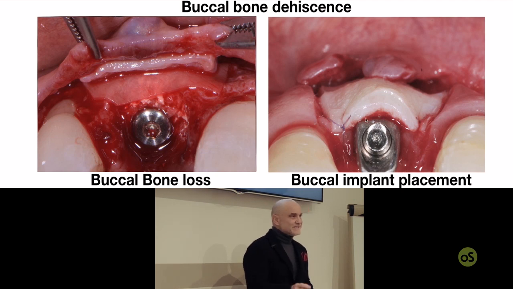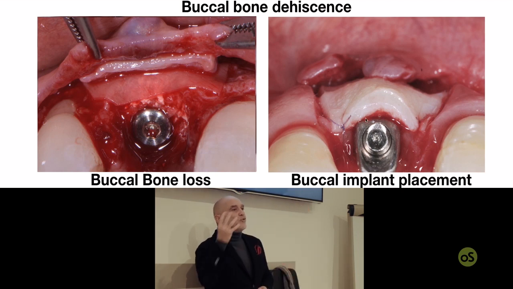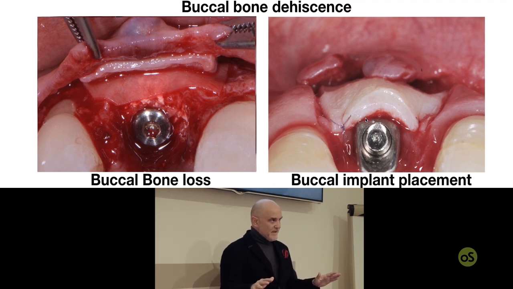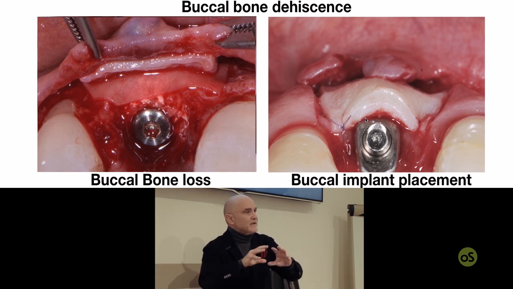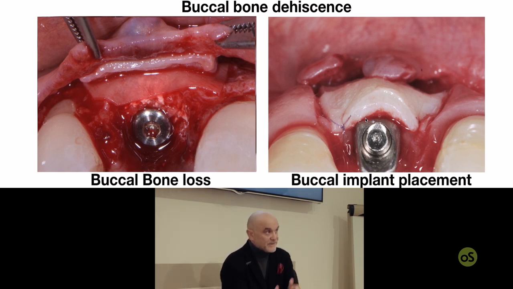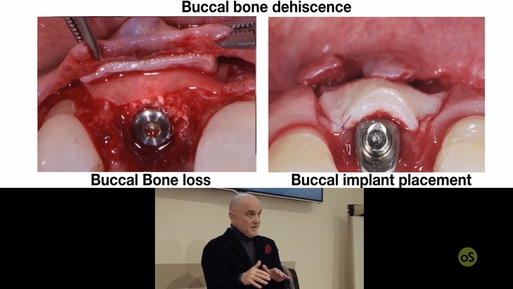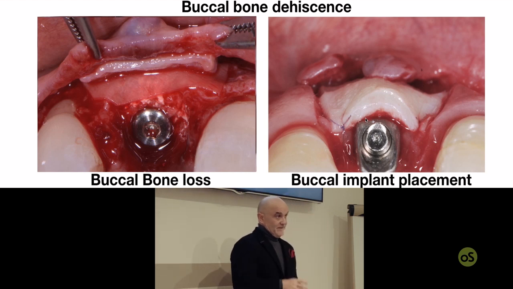While in the case of bone dehiscence due to buccal placement of the implant, we cannot make any bone augmentation, but we have to use only soft tissue, both suprabony and also infrabony, in order to cover the metallic exposure and give the right thickness to the soft tissue margin.